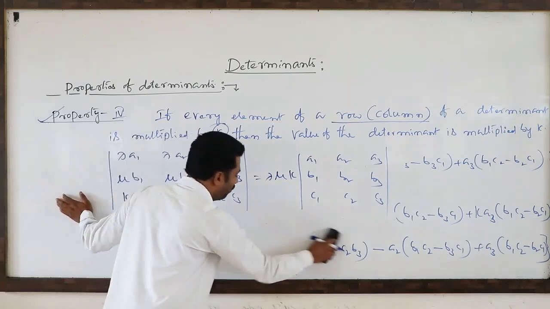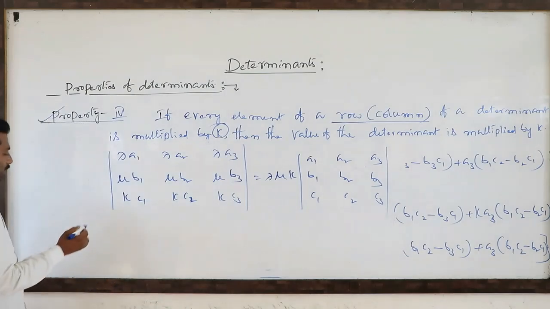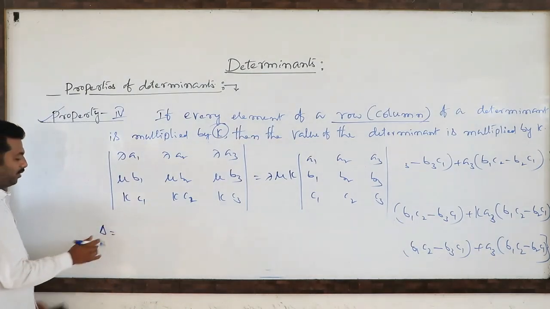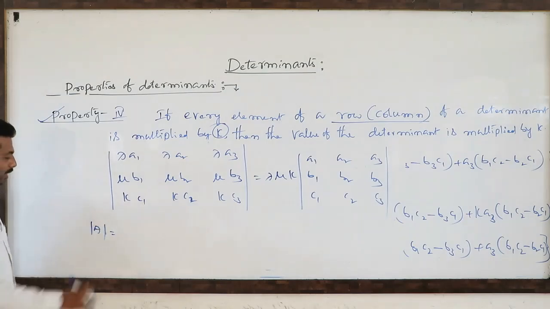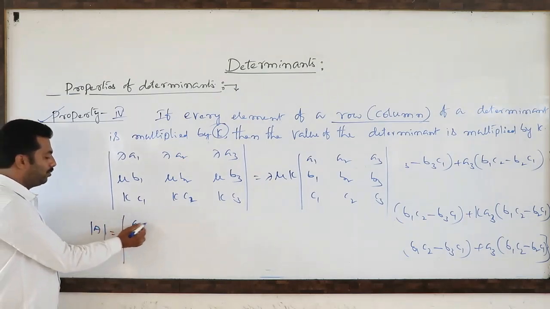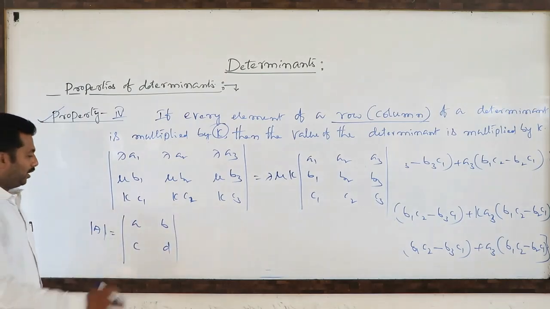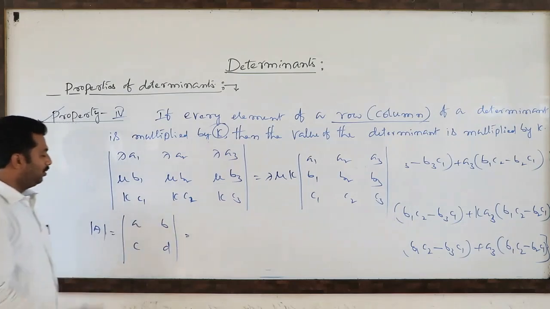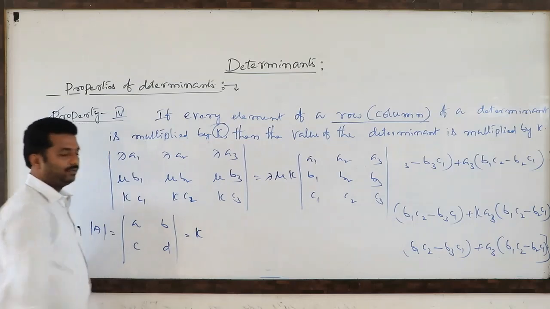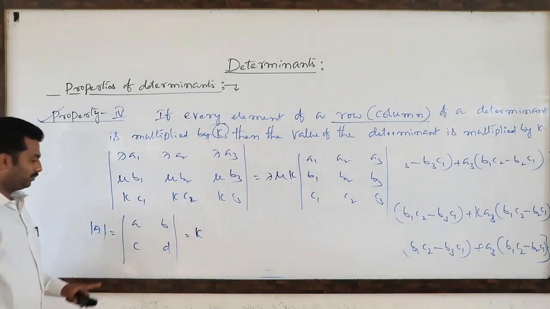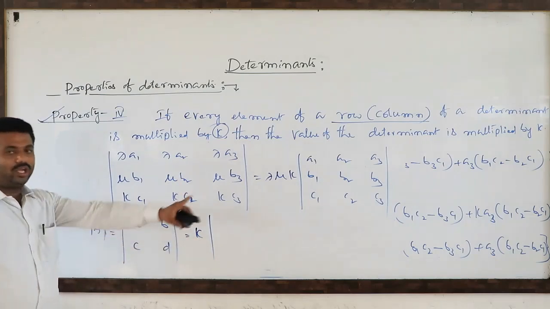Suppose if you want to multiply, I will give another simple example. Determinant of a matrix I am taking. Determinant of A is equal to, suppose A, B, C, D. Suppose if you want to multiply one number, suppose K, to this determinant, here multiplying means somewhere we have to divide.